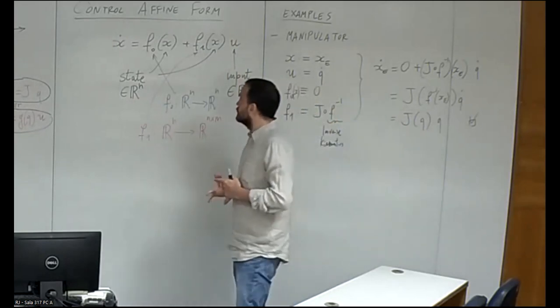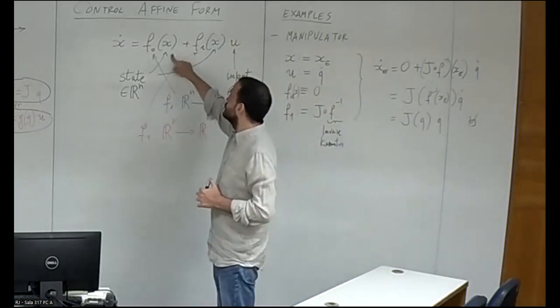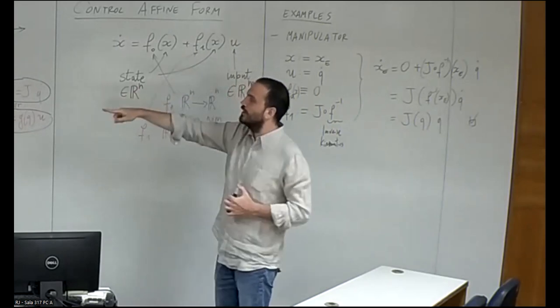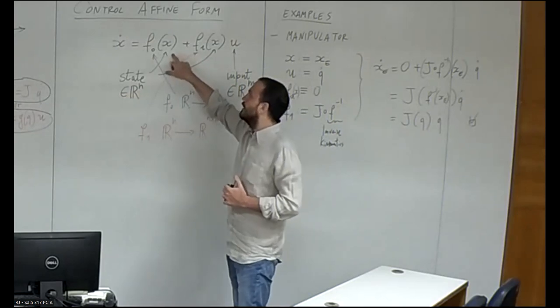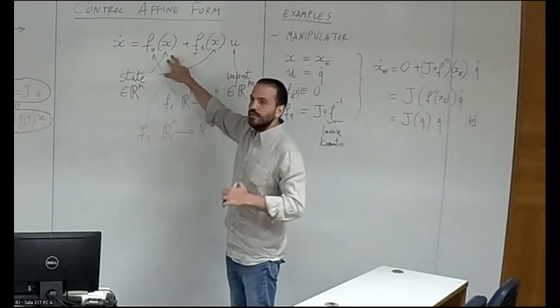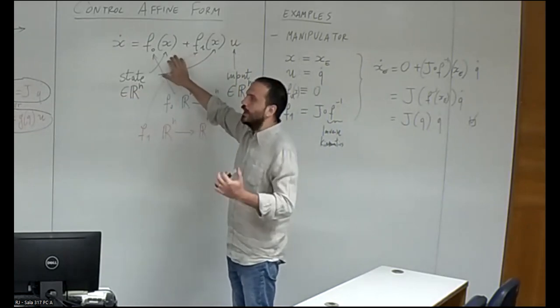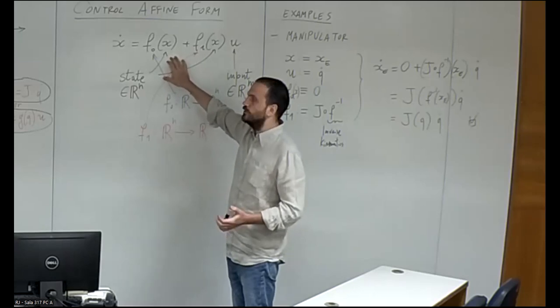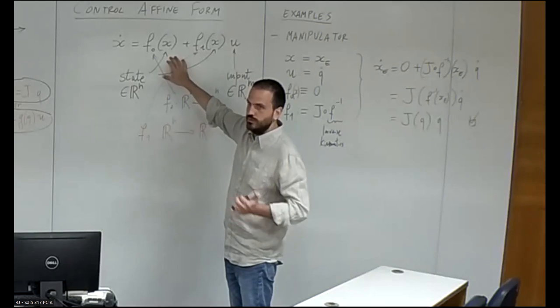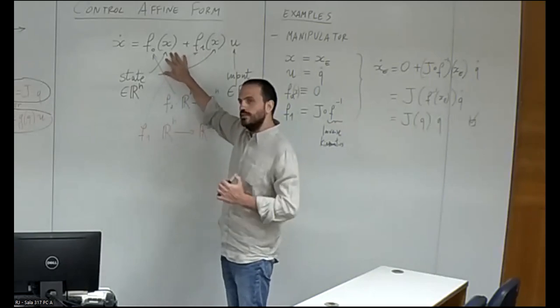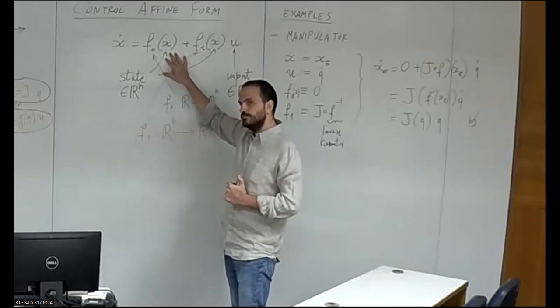The second thing to note is that f0 here, we never saw a model with an f0, right? So far. In the case of robotic systems which can be derived using analytical mechanics, so Euler-Lagrange equations, for example, this term contains the inertial effects.